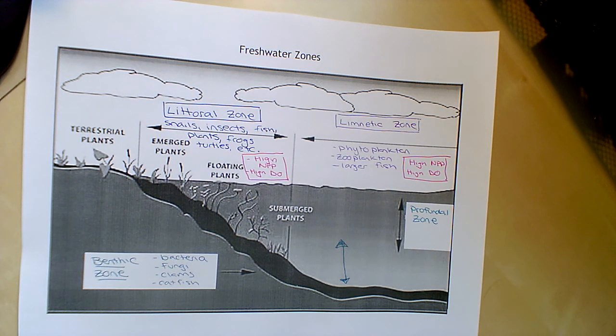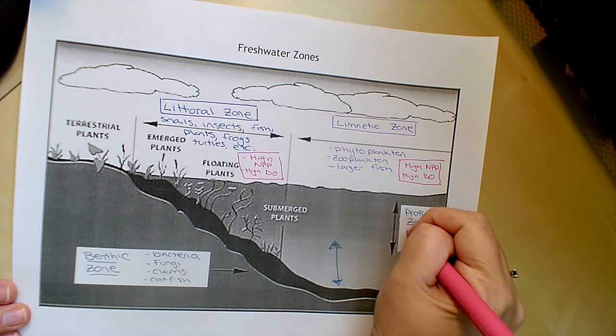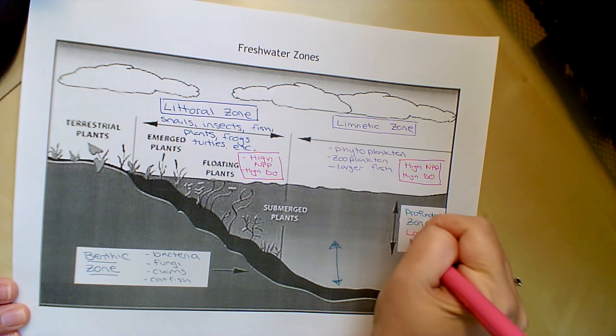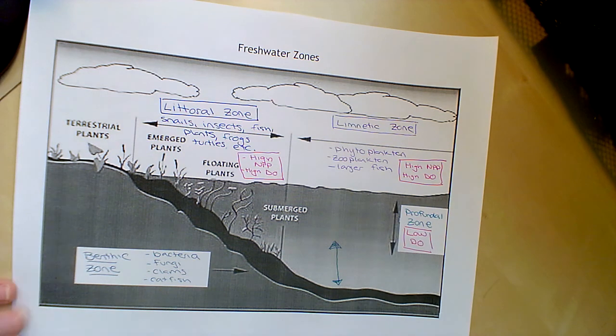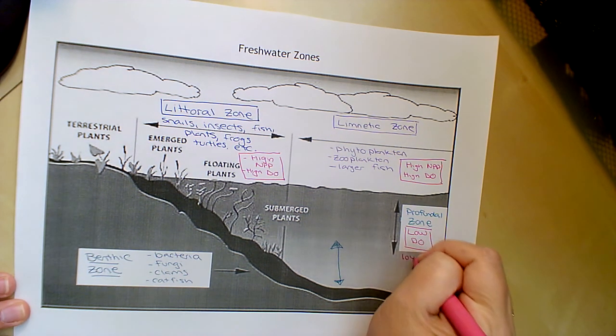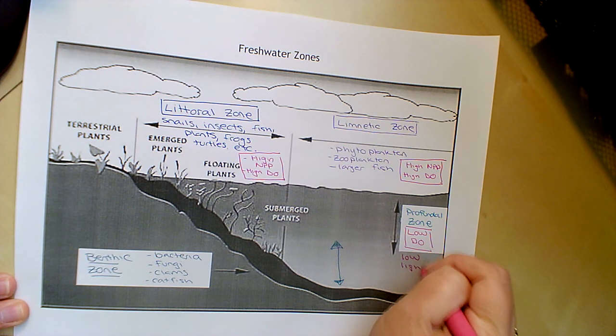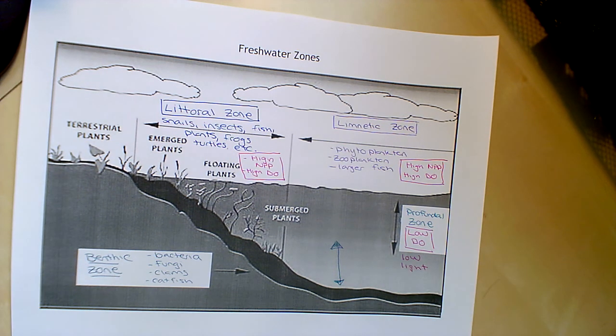We are going to have very low oxygen because there's not a lot of photosynthesis that can happen in the profundal zone. We have very low light. And we know that without light, we can't have a lot of photosynthesis.